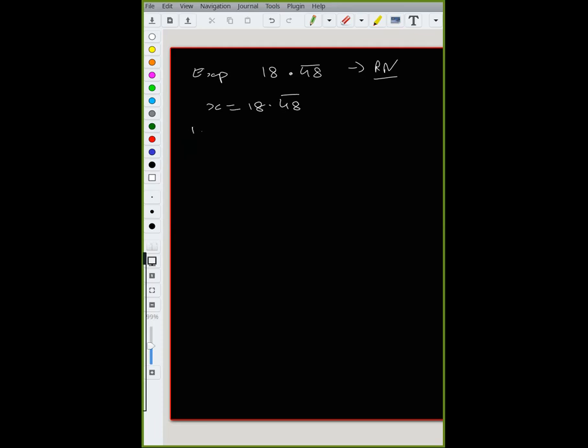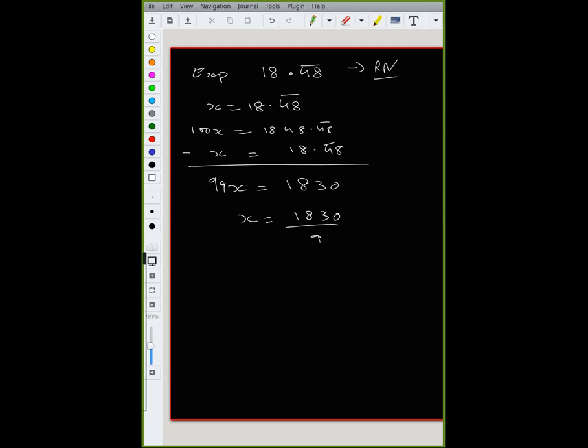Then 100x equals 1848.48 bar. Then we subtract 18.48 bar from 1848.48 bar. So it will be 99x equals 1830.